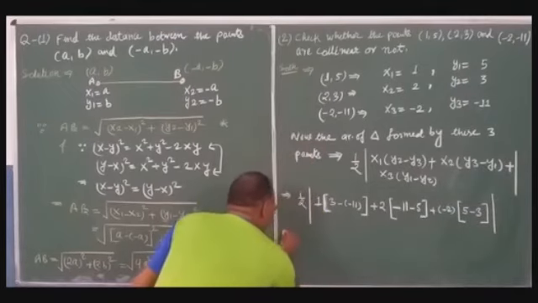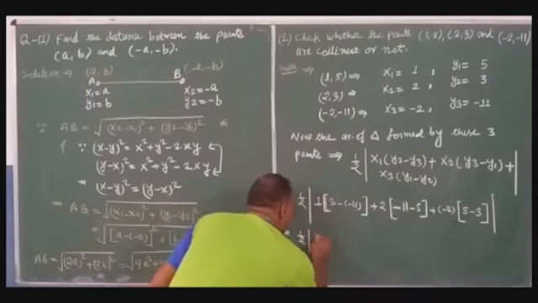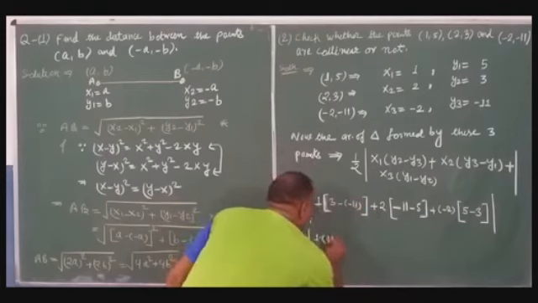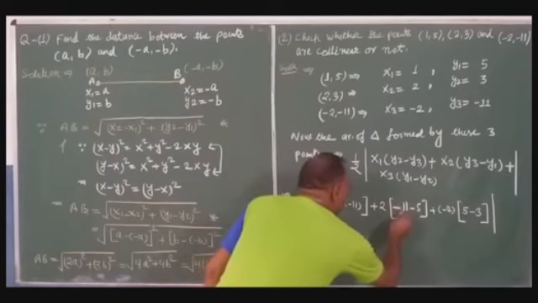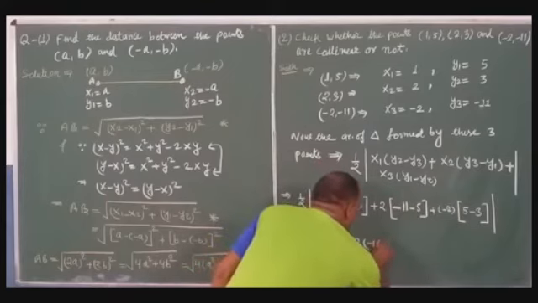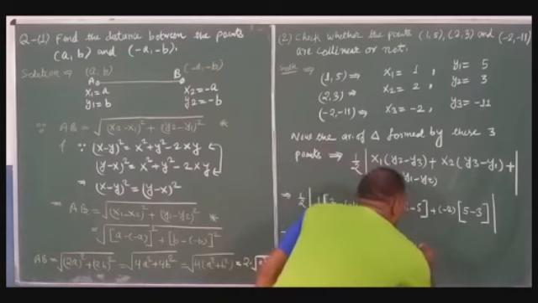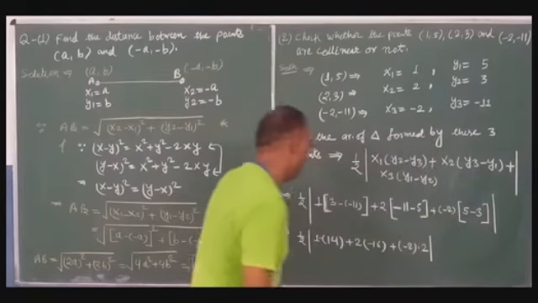Now just check here. 1 upon 2, 1 multiplied with 3 minus minus 11 is 14, plus 2 times minus 11 minus 5 is minus 16, plus minus 2 times 2. Just look here, 5 minus 3 is 2.